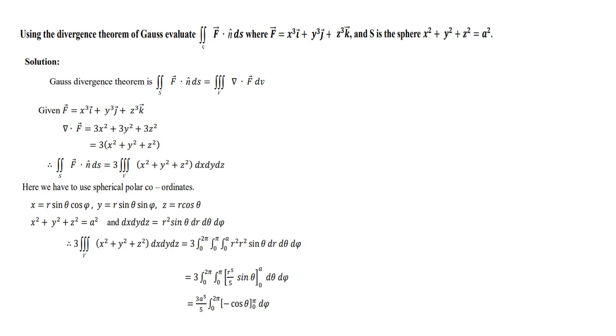By applying these limits and the polar coordinate values of x, y, and z, we will get the integral as 3 into the integral of 0 to 2 pi, 0 to pi, 0 to a, r square sin theta dr d theta d phi. By further simplification, we will get 3a power 5 divided by 5, integral of 0 to 2 pi of (minus cos pi minus cos 0) d phi, which is going to be equal to 12 pi a power 5 divided by 5.